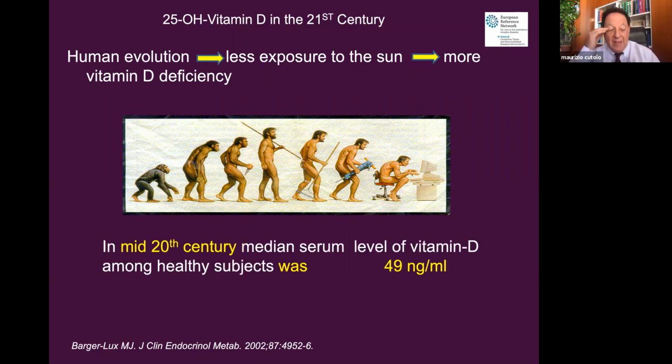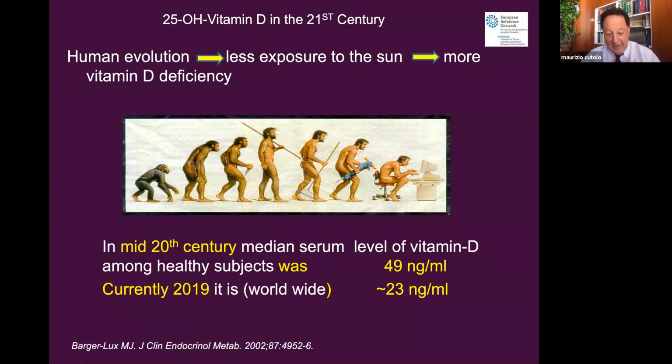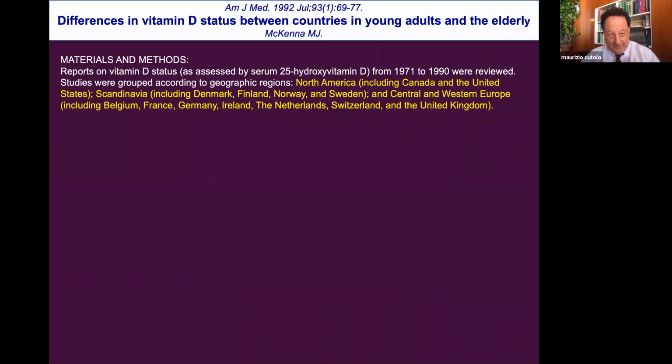In the mid-20th century, the concentration in healthy subjects was around 50 nanograms, which we consider sufficiency. Today worldwide, the concentration is less than 50%. So it's clear: less sun, less vitamin D.